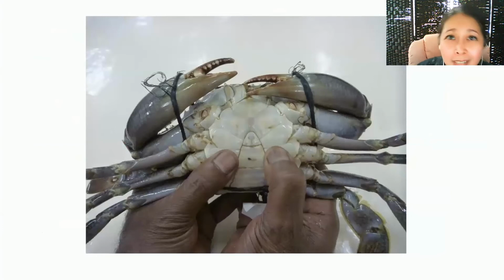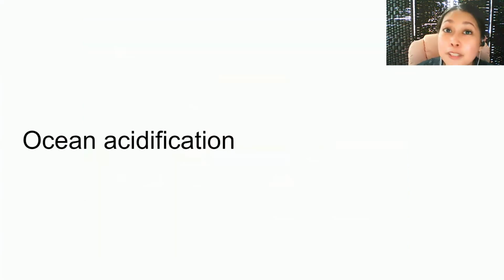But going back to our initial problem, the sternum of the crab has little to no crustacyanin or astaxanthin. And so, we are led to think that something else might actually be interfering with the carapace formation of our crabs, which finally led us to be interested in ocean acidification.